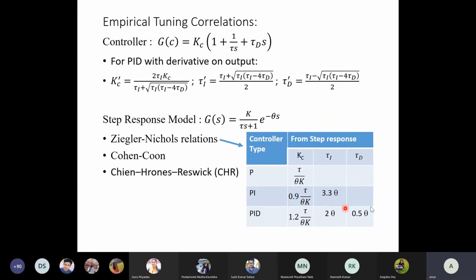And PID will be given by 1.2 tau by theta K, 2 theta and so on.